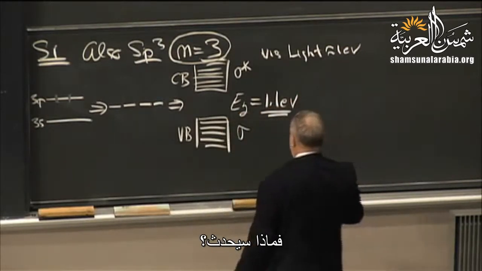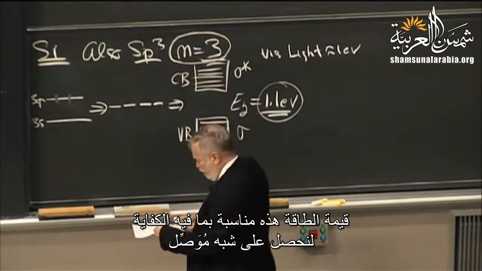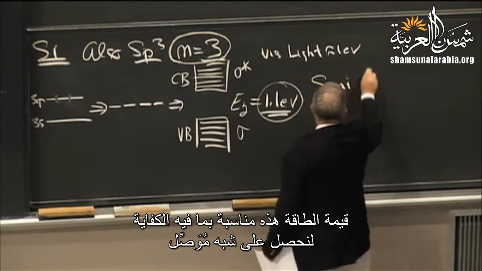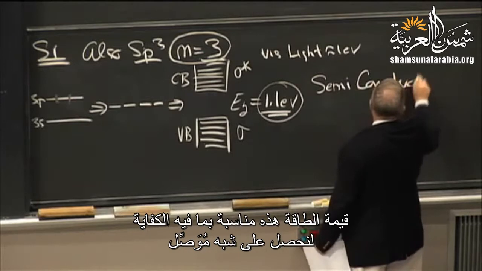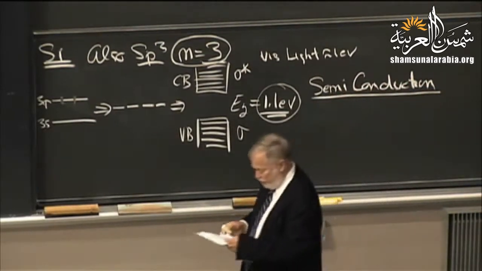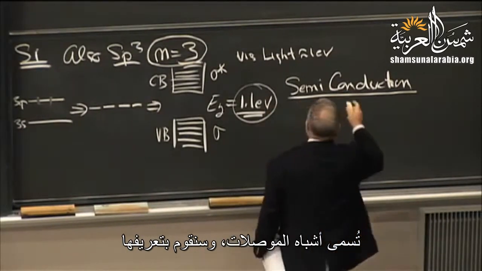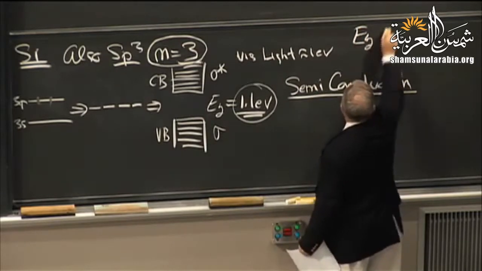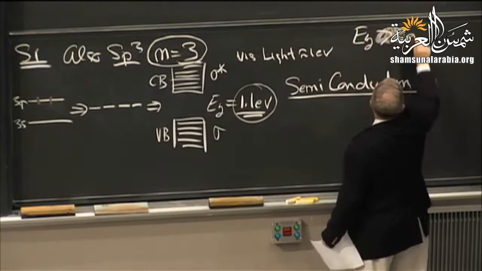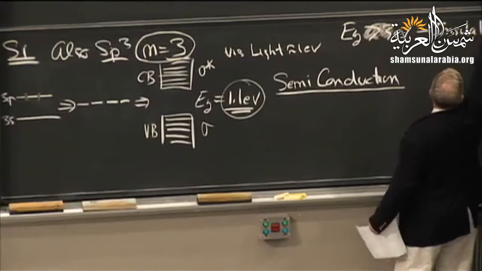So what happens? This is close enough that we get semi-conduction, and it's called a semiconductor. And we'll make a definition. If the band gap is greater than 3 electron volts, we call it an insulator.